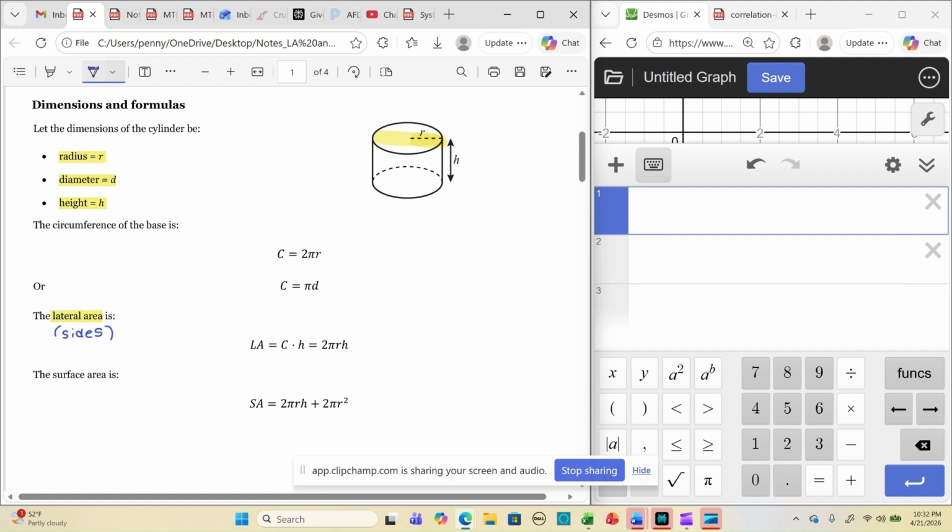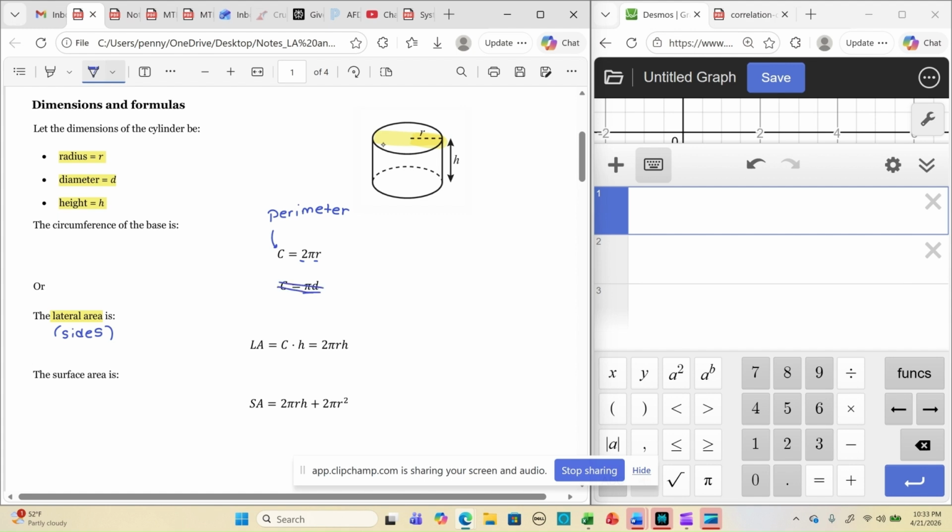Back when you learned about perimeter of a circle in your middle school years, we learned that perimeter of a circle is referred to as its circumference. And the circumference has a formula. It's 2 pi r. Sometimes you'll see pi times d, and that's because 2 times the radius makes the diameter. But we're going to stick to 2 pi r.